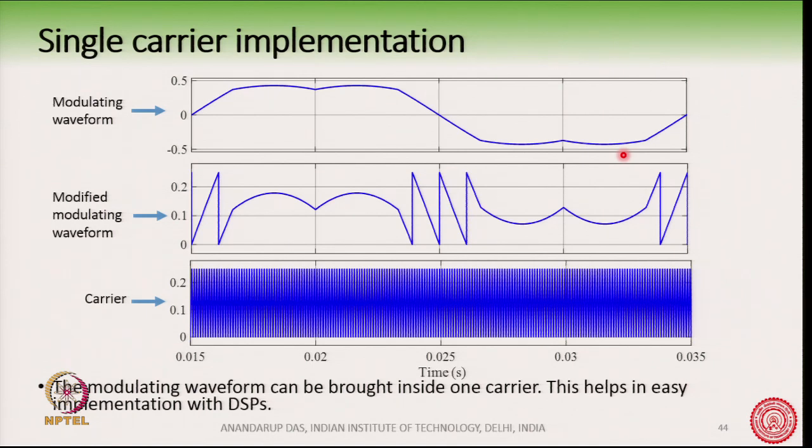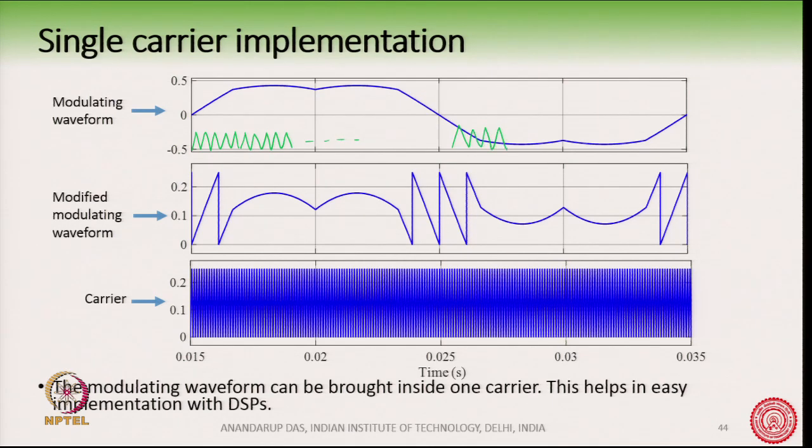So, when we use a single carrier, then what we do is we have to bring the whole modulating waveform inside one carrier, and this is shown here, this middle waveform. So, if I draw the carrier, for example, this is the lowest carrier, okay.